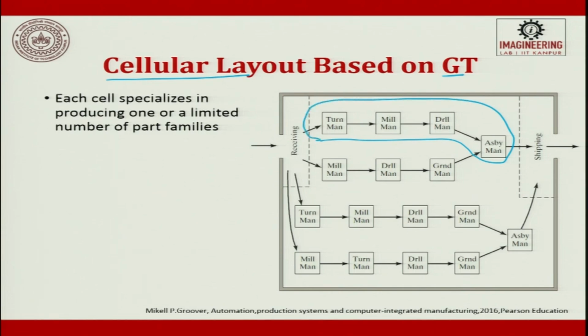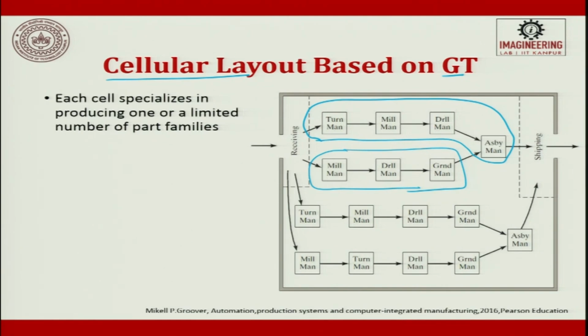Okay. So, this is one group, wherein you will have a turning machine, milling machine, drilling machine and an assembly station. You will have a second group wherein your turning machine is removed, you will have milling, drilling and grinding leading to an assembly. So, here what I have done is, depending upon the part and the features, I have developed a layout.